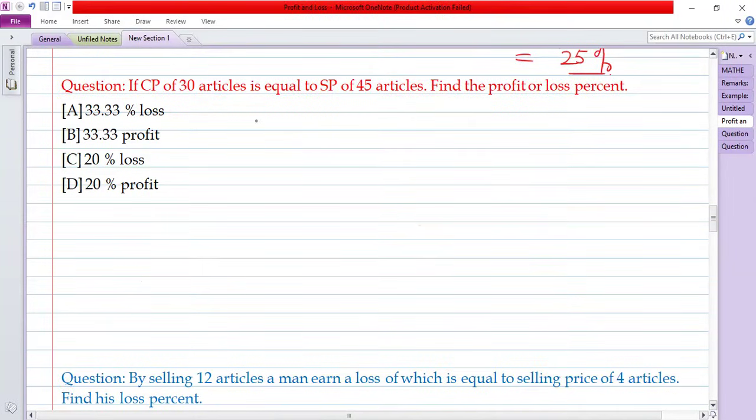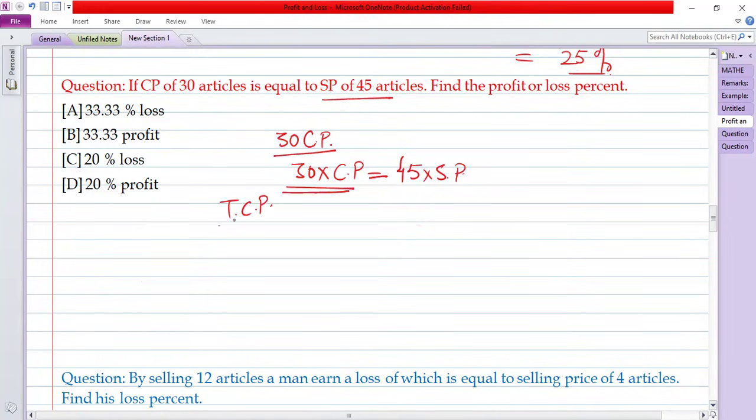Okay. If the cost price of 25 articles is equal to the selling price of 20 articles, so here the total cost price is 30 times CP. We can write this as 30 into CP. And what is the total selling price? It is 45 times SP. So this side is the total cost price, and this side is the total selling price.